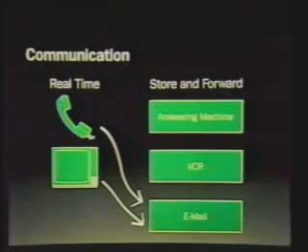And again, it can't just be text. We've got to integrate the voice into it, we've got to integrate images into it, and we have to integrate eventually video into it.